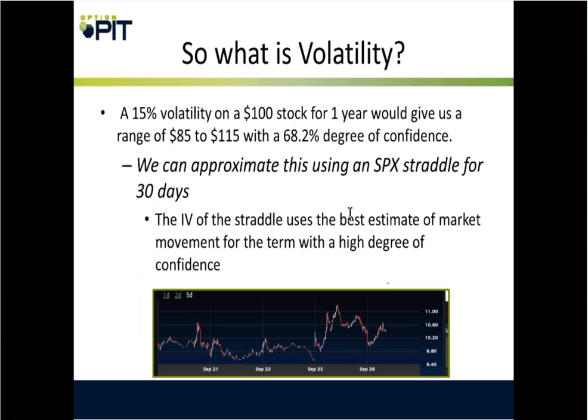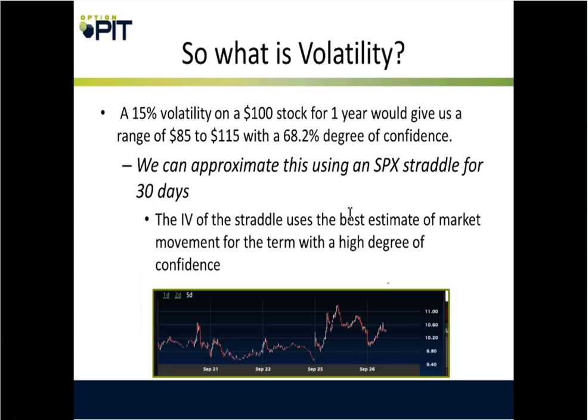Okay, but the idea is volatility is a number, meaning how much is something going to move. So if I said a stock has a 15% volatility and the underlying price is $100, from the model we can say a year from now that would give us a range from $85 to $115, with a 68.2, or 1 standard deviation, degree of confidence.